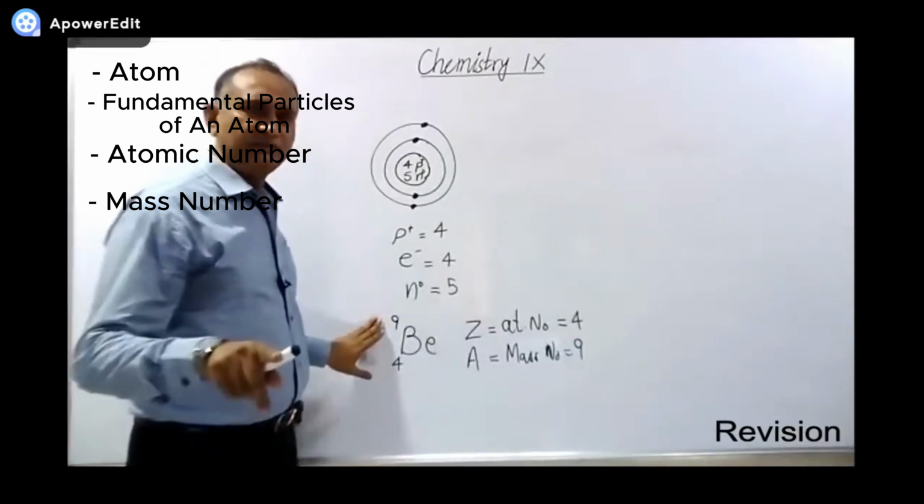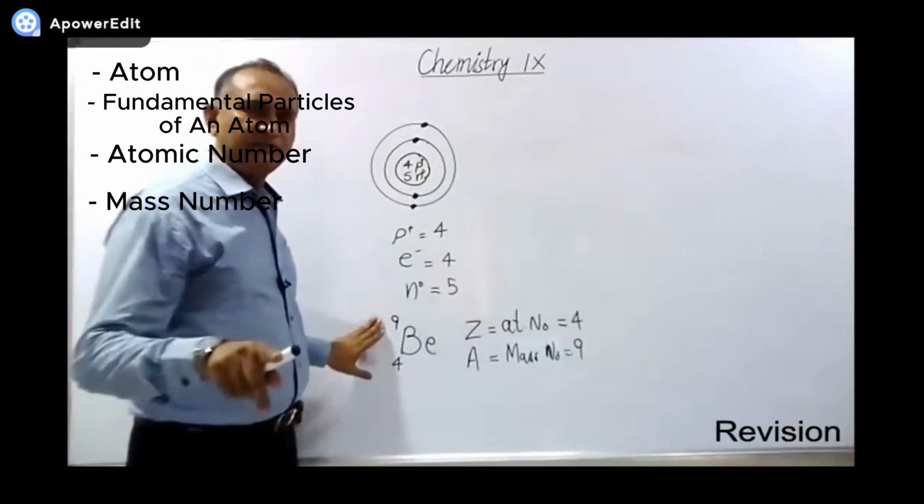Now the next question is, is there any possibility to change this balance, to disturb this balance? Yes. Scientists have done it. They disturb this balance. They can add or subtract electron. Look at the board.